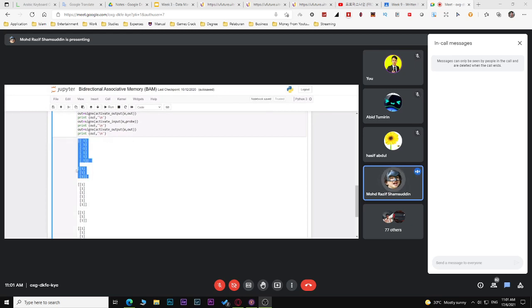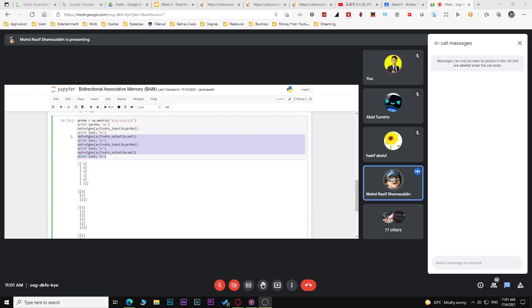produce output yang macam ni. Selepas tu kan dia dah print. So output dia adalah ni. Output dia lah input dia. Lepas tu output dia menjadi input yang baru. Saya buat satu-satu lah.